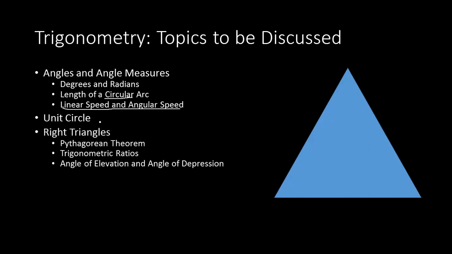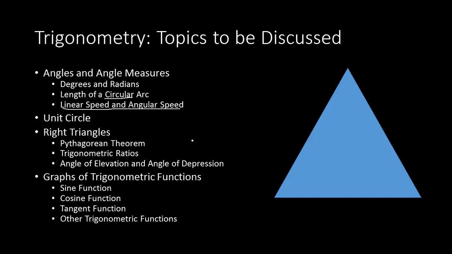Third topic is right triangles. So here we will learn more about right triangles. We will have the Pythagorean theorem, trigonometric ratios, and angle of elevation and angle of depression. Another topic is graphs of trigonometric functions. If you think that the graphs of trigonometric functions are triangles, then you are wrong.